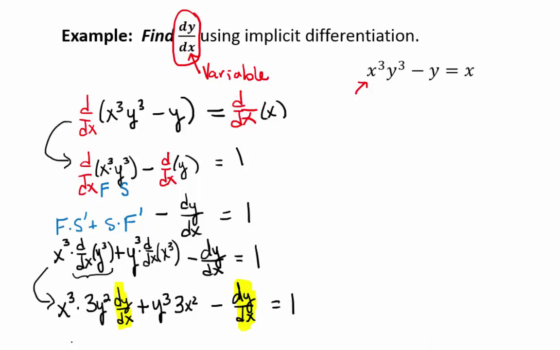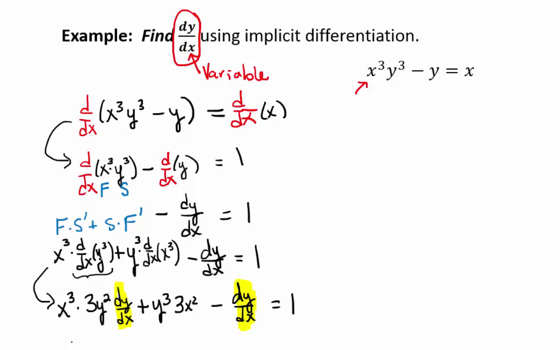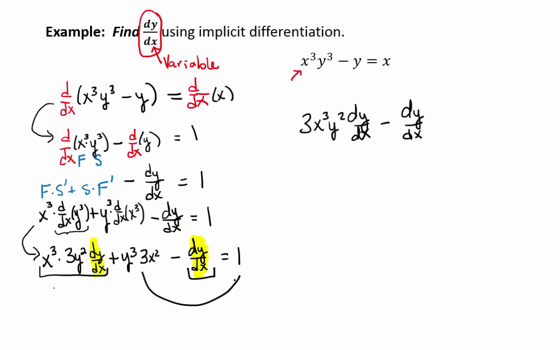You're going to have to arrange it so that you get all the terms that have the variable you're looking for to one side, all the other terms to the other side, right? So what do we have? We have 3x cubed y squared dy dx minus dy dx, and I'm going to move this other term over to the other side, equals 1 minus 3x squared y cubed.